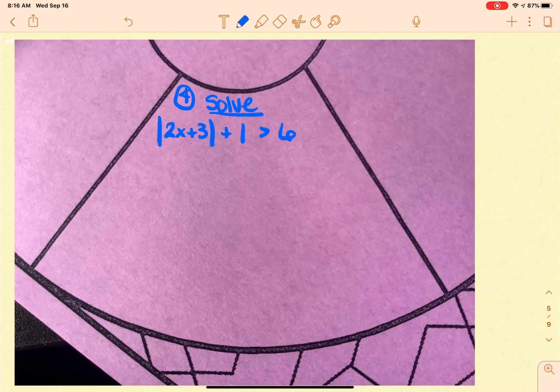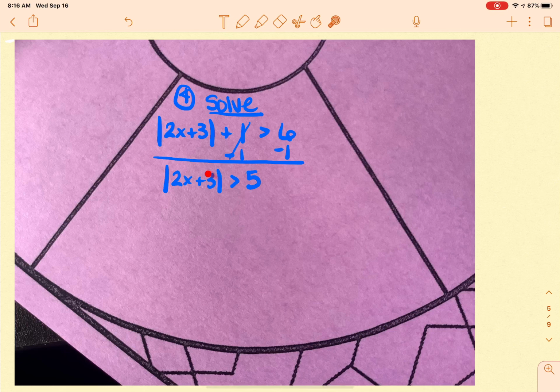So if I look at this, I've got to get my absolute value alone. So I got to get rid of this. So the opposite of adding 1 is subtracting 1. So I have the absolute value of 2x plus 3 is greater than 5. Now that I have the absolute value alone, I'm going to go ahead and split it.